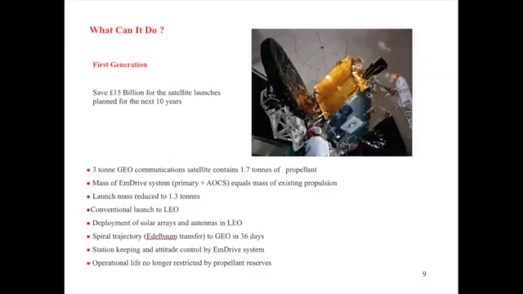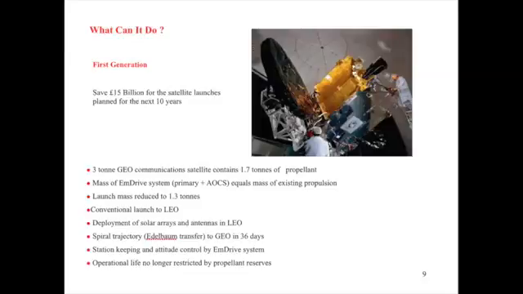So if you can replace the mass of the propellant, or even get rid of the mass of the propellant, you clearly are going to reduce the launch mass and therefore reduce the cost of launch.